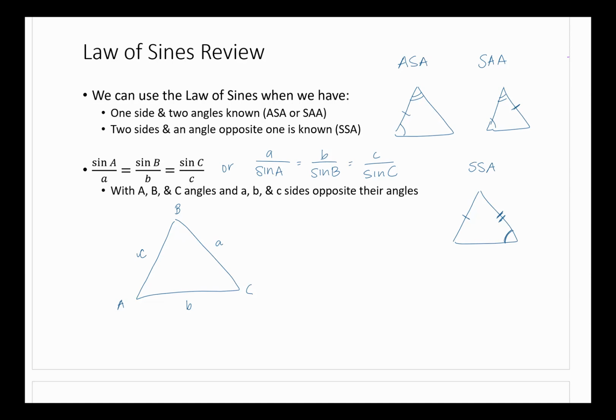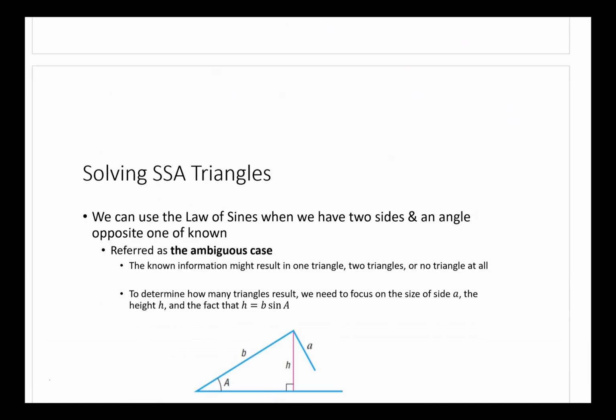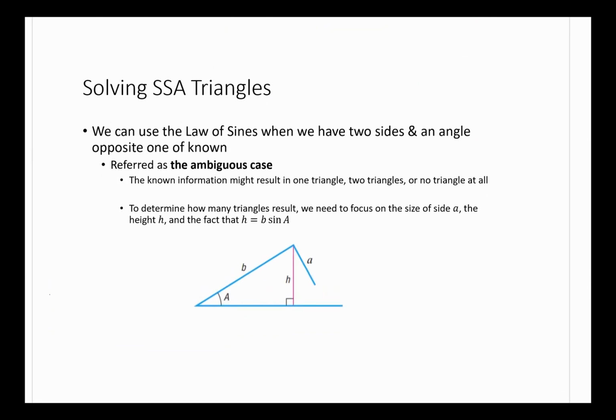I'll put that little tail there so you can see that it's a lowercase c and not an uppercase C. One thing to keep in mind is when we have side-side angle, two sides and a non-included angle, we use the law of sines. And this is called our ambiguous case. We can have one triangle, two triangles, or no triangles in this case, and it's up to us to decide which one it's going to be.